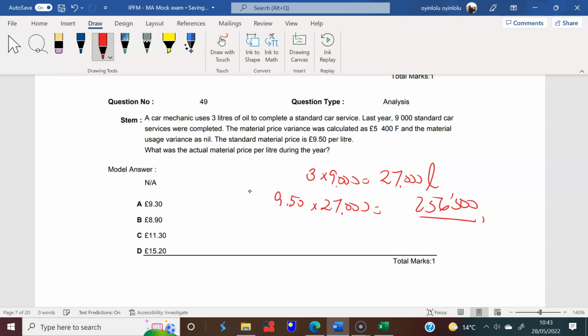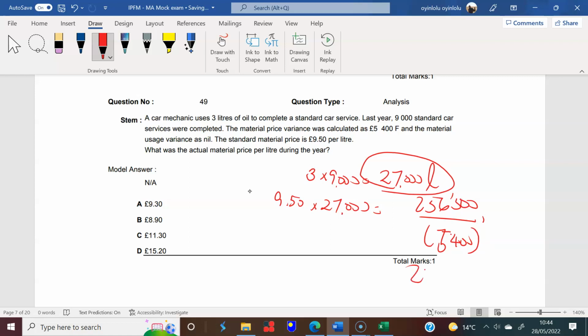But it says that on these 27,000 liters, the price variance is favorable, so you spent less. So I'm going to take 5,400 off what I was meant to spend.